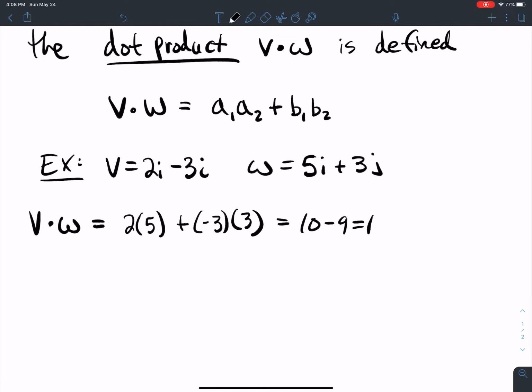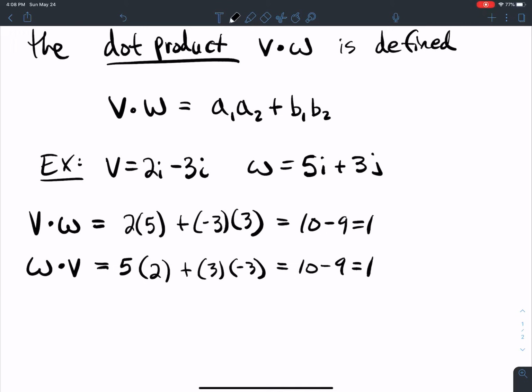Next one I want to do w dot v. So that's going to be 5 times 2 plus 3 times negative 3, which equals 10 minus 9, which is still 1.